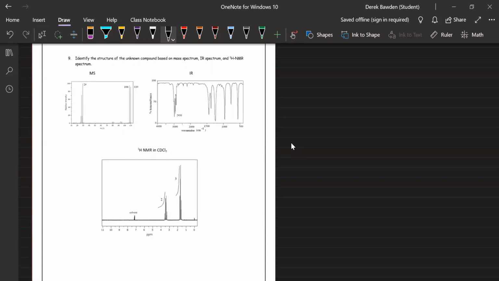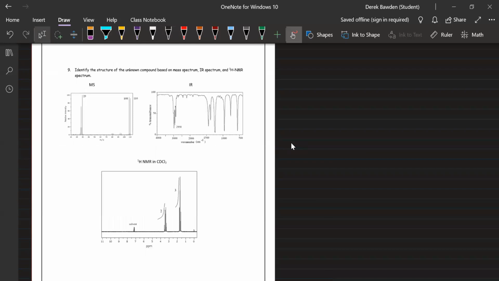All right, so we want to identify the structure of the unknown compound based on the following spectra. So same type of problem, okay? What do we see in our mass spec? 1-to-1 ratio. Br? Yes, we have a 1-to-1 ratio with 2 peaks. Okay, so we know this is going to be a Br, and our mass is going to be 108. We've got not really a whole lot in our IR.